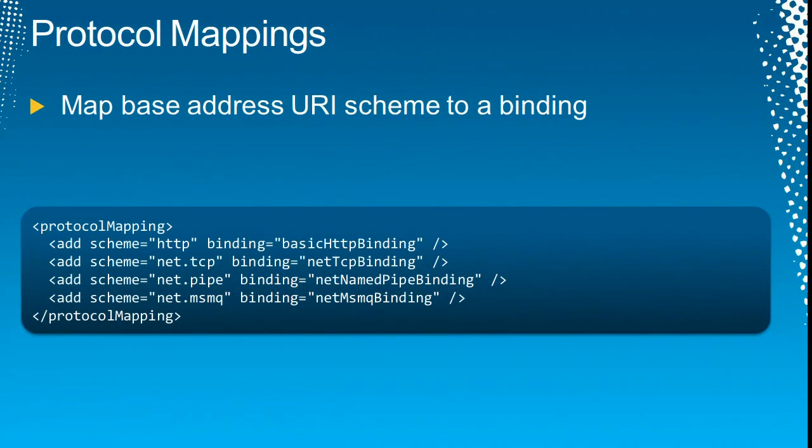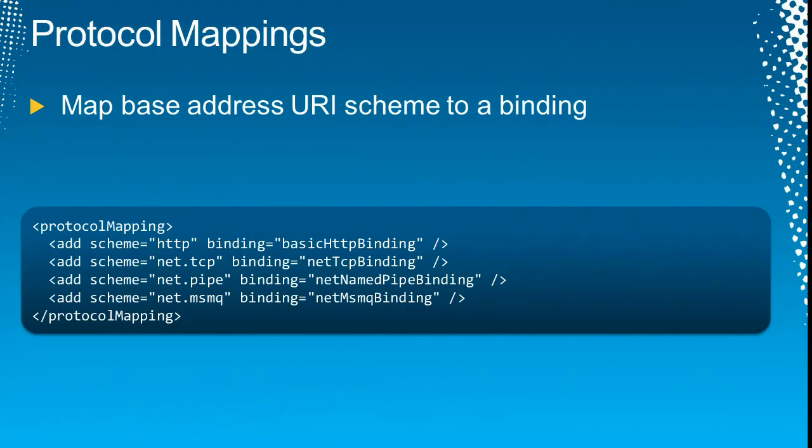Now, I told you where the address and the contract come from for the default endpoints. Contract's just the functionality you expose, what you coded. The addresses come from your host, the base addresses that the host provided. Where do the bindings come from? The bindings are provided by you when you define a protocol mapping for your services.